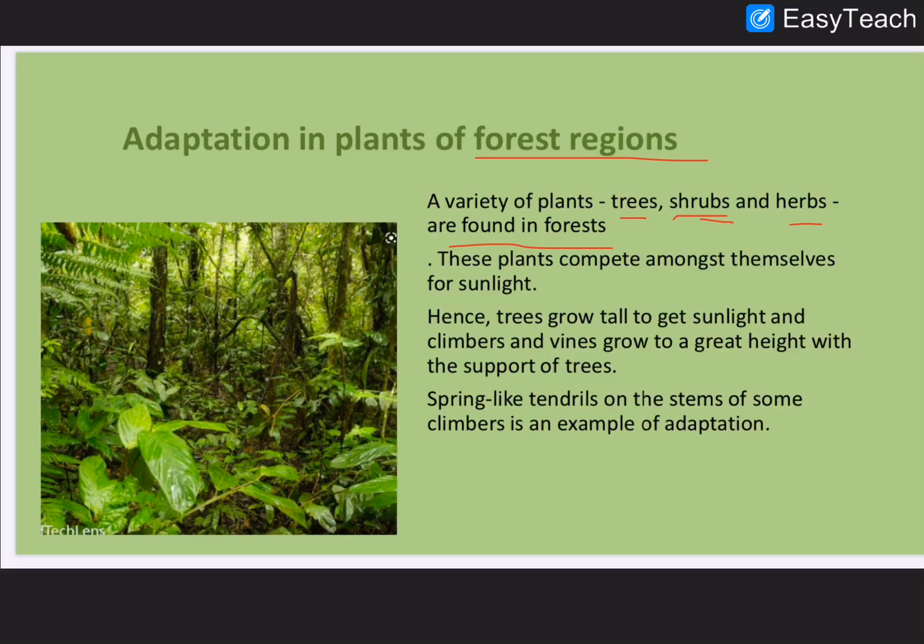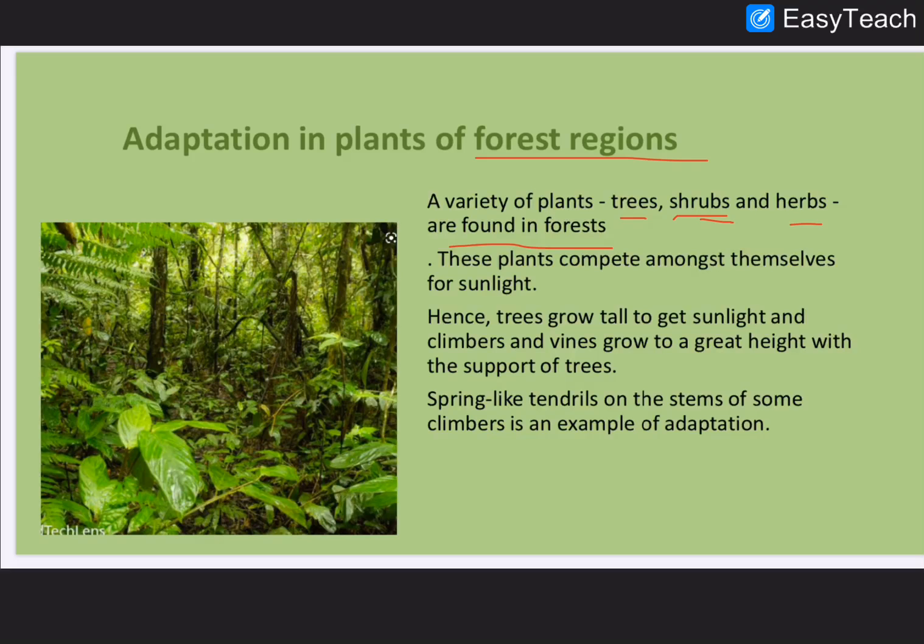And trees means the plants which have very large height, and these plants compete among themselves for sunlight, so they grow thick, as you can see in the image, the plants grow thick in the forest. Why are they growing thick? They do not have any space in between, they grow in competition.